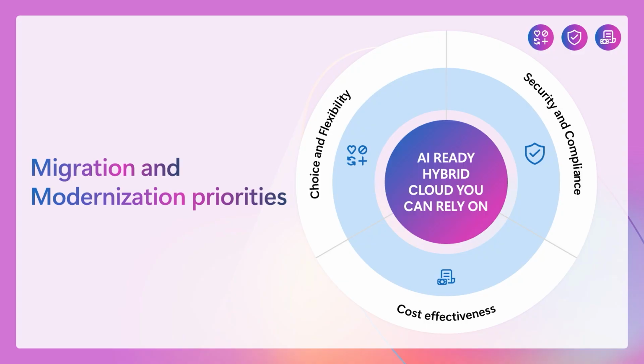What many customers are starting to realize is they cannot match the huge investment Microsoft is making into security and compliance every year. Third, cost effectiveness and cost optimization are also always top of mind. Microsoft invests heavily in all these areas on an ongoing basis.